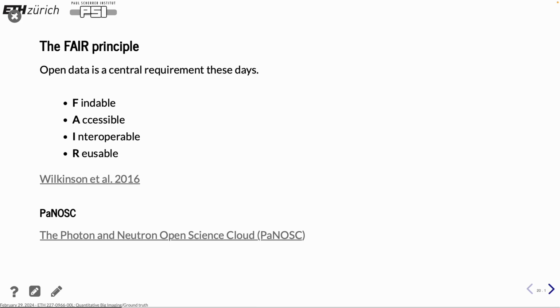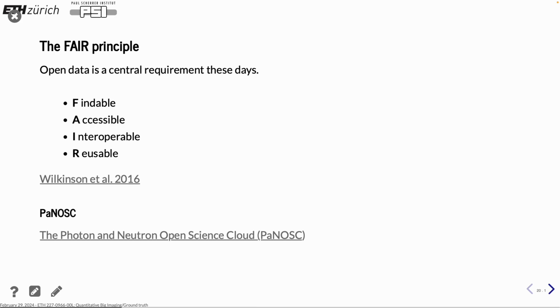The FAIR principle is about having the data findable, accessible, interoperable, and reusable. Findable: we have the DOIs, so people can actually put DOIs on the data sets, which makes them possible to find. Accessible is if there is a database somewhere where you can just fetch them. So the DOI should actually point to the place where you can fetch them.